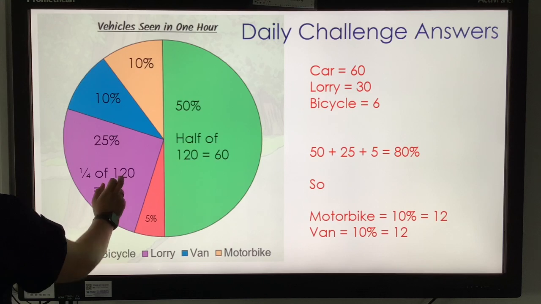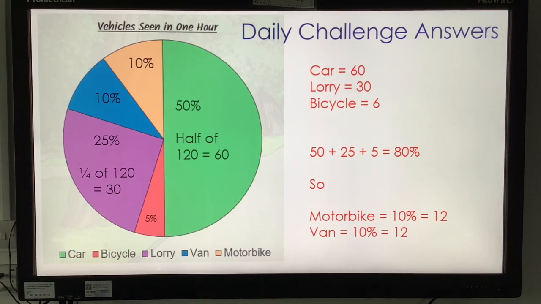So hopefully you paused the video and you had a go. Now, you know your 5%, so you can work out 5% of 120. Now, you know 10% of 120 is 12, so 5% would be 6. So you know that there are 6 bicycles. You then know that your green, your car, is 50%. So you find half of 120, which gives you 60.